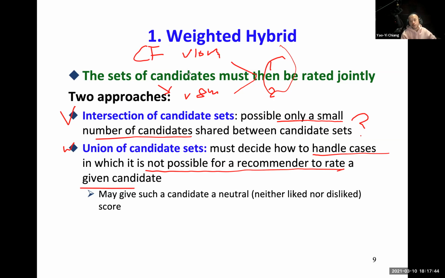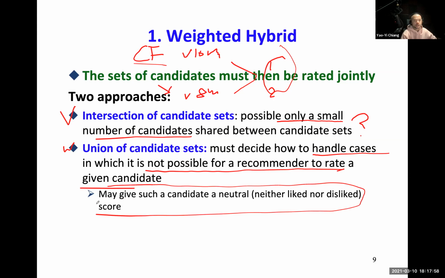Because I want to generate a weighted average, your CF is not able to generate a prediction because it does not have any previous ratings for that movie. So in this case, you will need to give the candidate a neutral score so that you will be able to combine the scores from both recommendation systems.